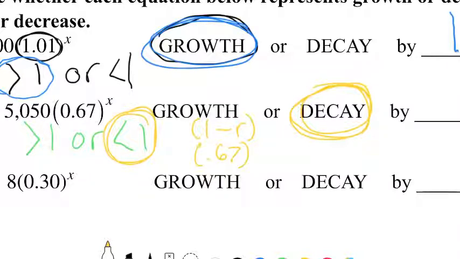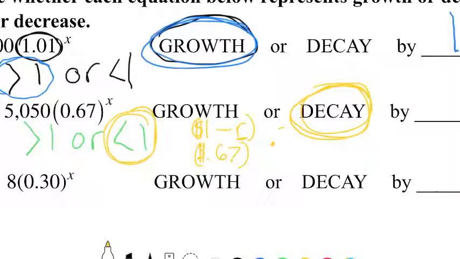So another way to think about it, again, is subtraction because it's decay. We start with $1, we subtract some amount of cents to get to 67 cents. If we have $1 and we want to get to 67 cents, well, 67 to 70 is 3 cents, and 70 to $1 is 30 cents.